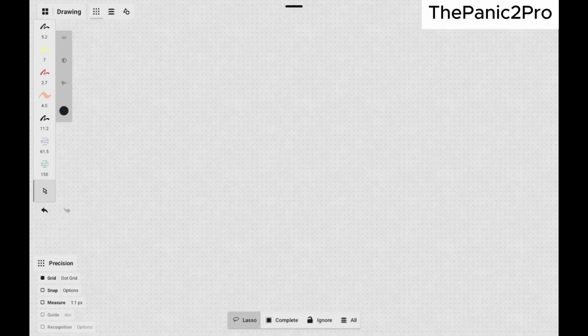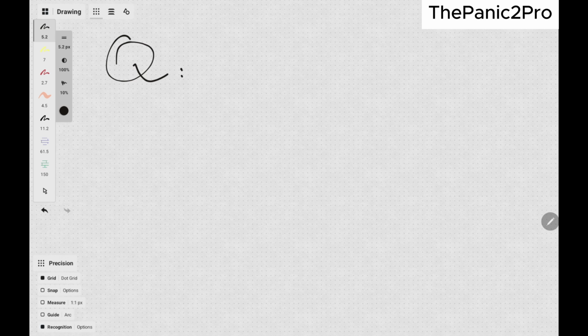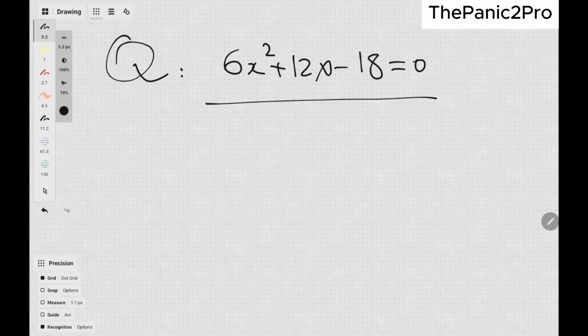Okay, hopefully I could make it a couple of steps easier for you to understand how to change a quadratic equation into its square format. Right now I have a question for you. Let's say I have a quadratic equation such as 6x2 plus 12x minus 18 equals 0. So this is my quadratic equation.